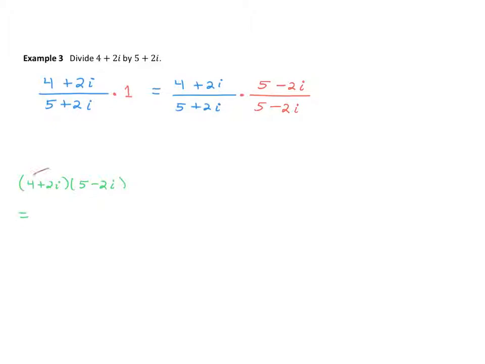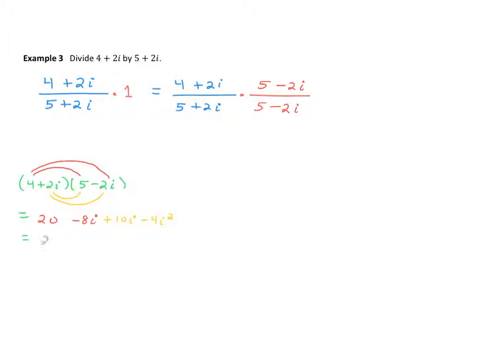I first multiply in the 4. I then multiply in the 2i. Here's what I get. 4 times 5 is 20. 4 times negative 2i is negative 8i. When I multiply in the 2i, I get 10i minus 4i squared.